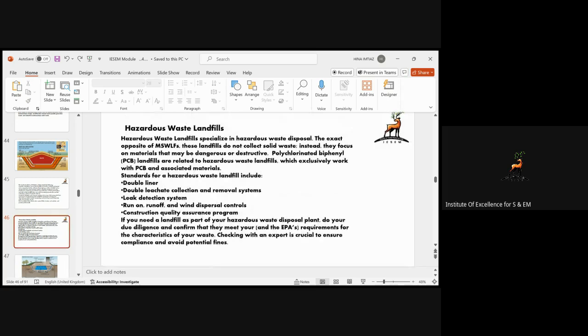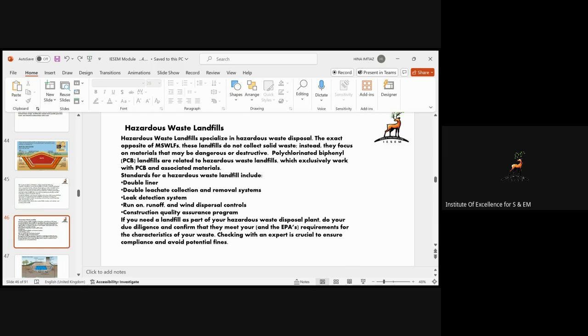The second type is the hazardous waste landfill, specialized in hazardous waste disposal, and this is the exact opposite of the municipal solid waste landfill. These landfills do not collect household solid waste because they focus on material that may be dangerous or destructive, for instance polyaromatic hydrocarbons, polychlorinated biphenyls, and such emerging contaminants.